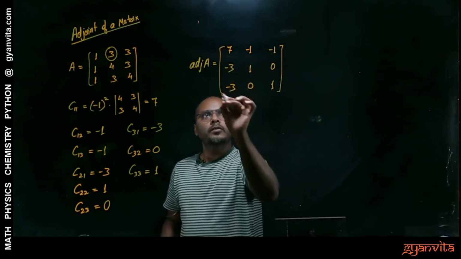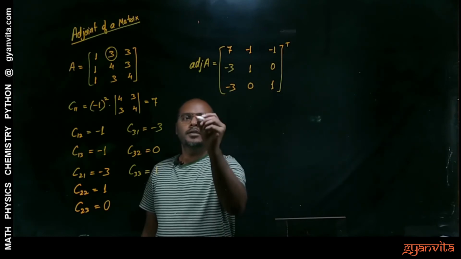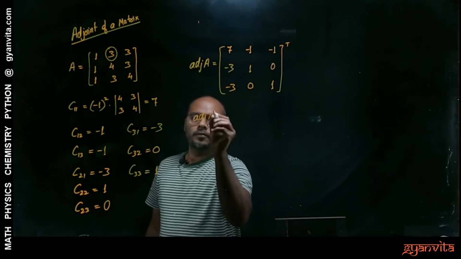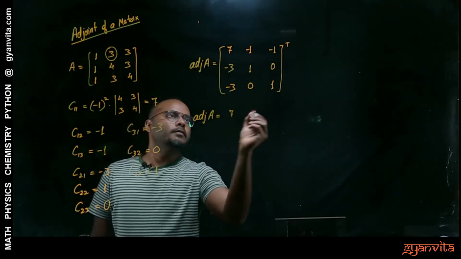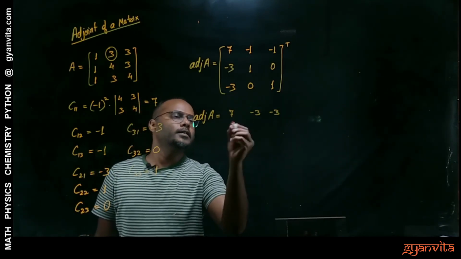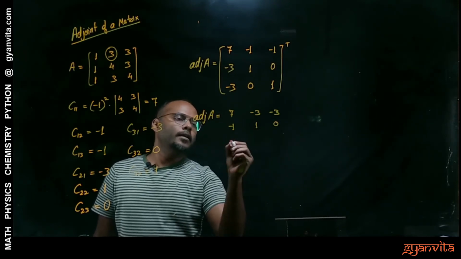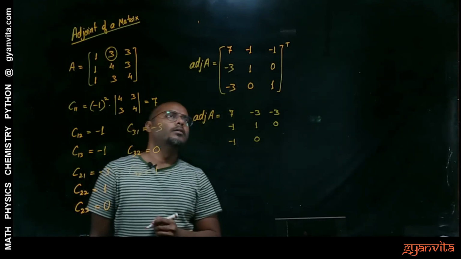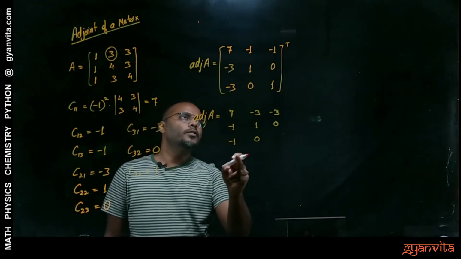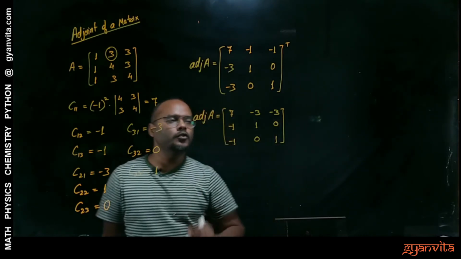You actually have to find the transpose of this, that will be the adjoint. So adjoint of A will be equal to 7 minus 3 minus 3, minus 1 1 0, and minus 1 0 1. This is the adjoint of A.